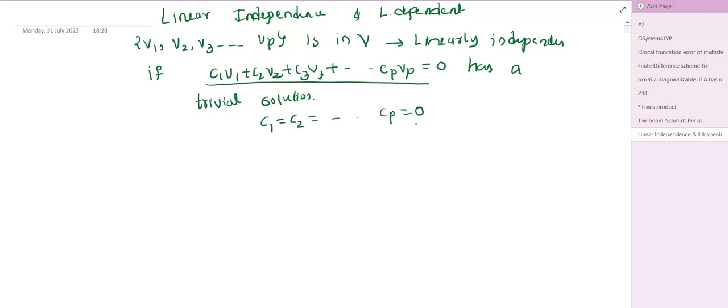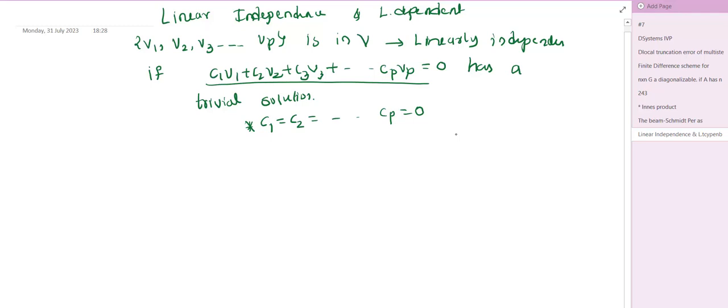So that's the understanding. Whenever you have a linear combination of these vectors equal to 0, it is 0 when all of c1, c2, c3 are 0, and the question is whether it is also 0 when not all of them are 0. In the trivial solution, all these scalars c1, c2 up to cp, all these weights, are 0.